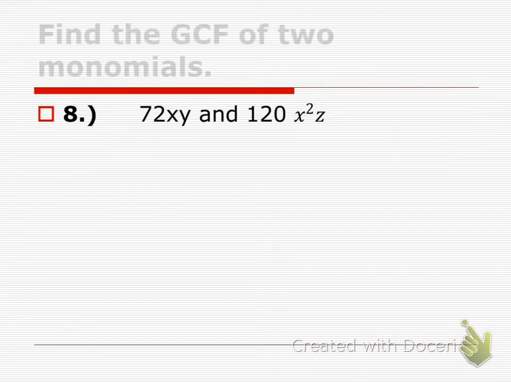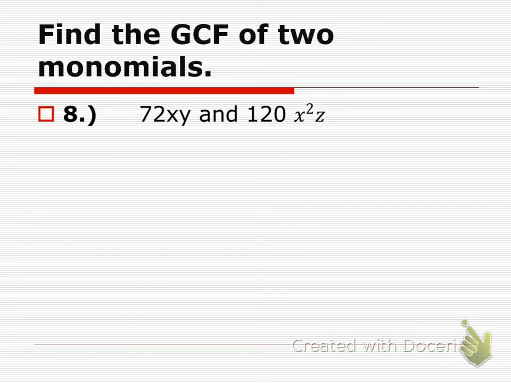All right. Find the GCF of the two monomials. So we are going to handle the number part separate from the variable part. The number part is what we were doing last week, which means we need to make a factor tree for 72 and for 120. Give me two numbers that multiply to 72.